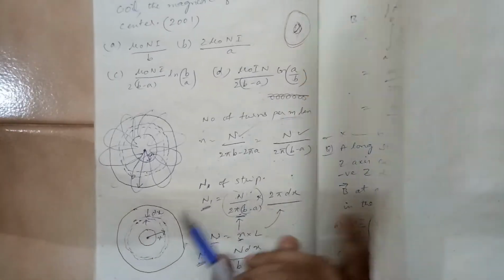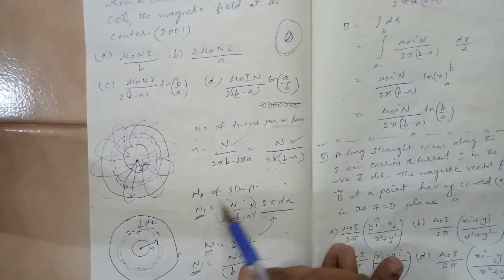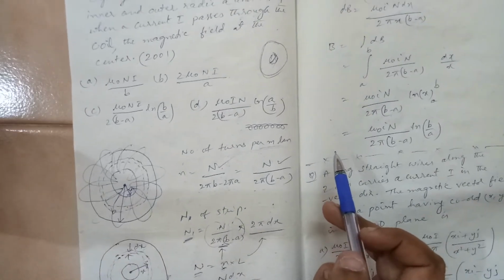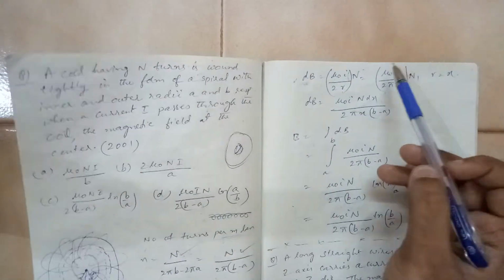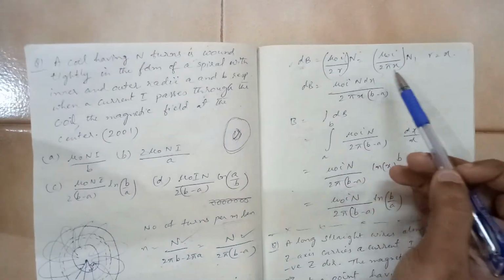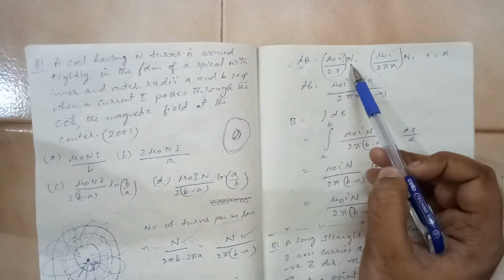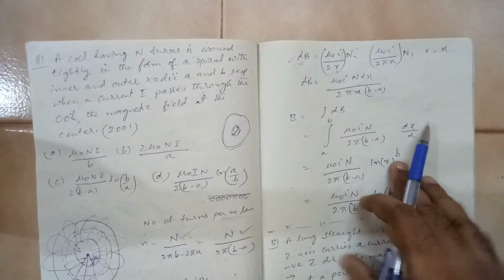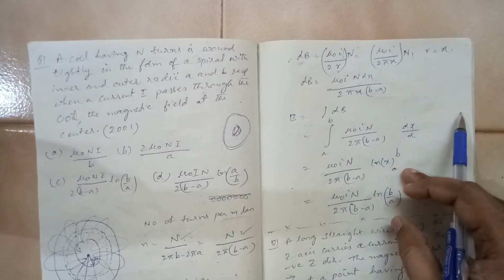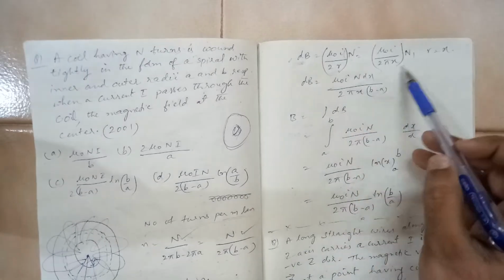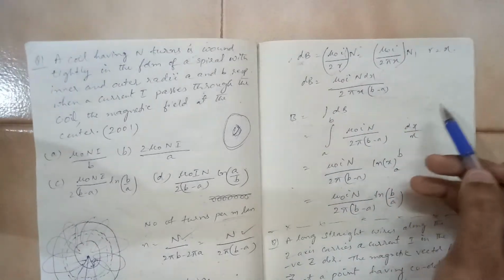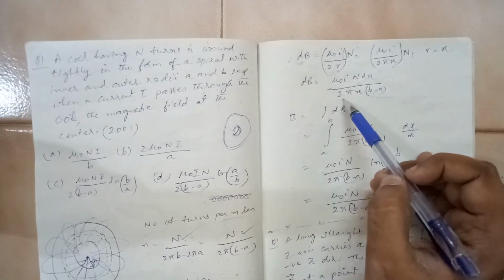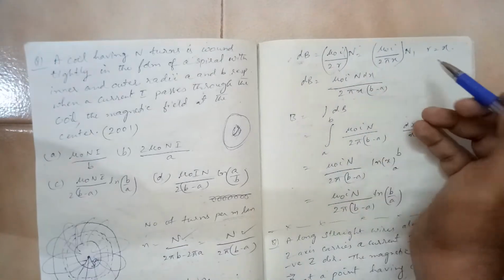Now if I find the elemental magnetic field strength, I can find the total magnetic field strength if I integrate between the limits. So my dB will be equal to, imagine for a circular strip you have a formula mu naught I by 2 r into n. Now what is r? R is the distance at which you are finding it. In this case r is equal to x. So mu naught I by 2 pi x into, here I need to put the n1 value.